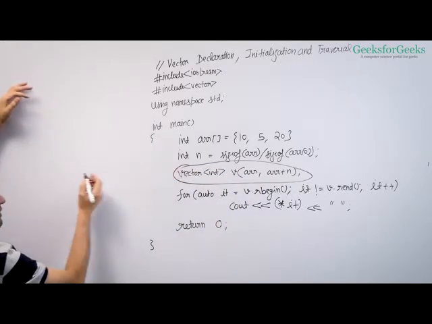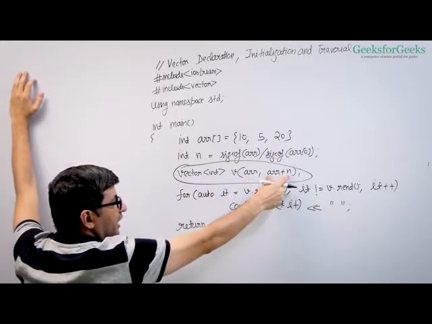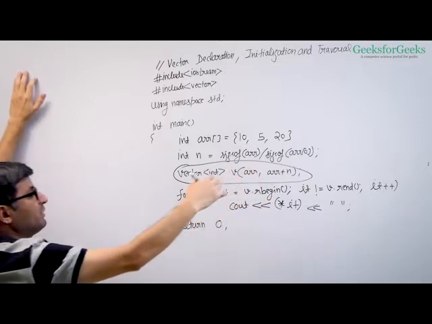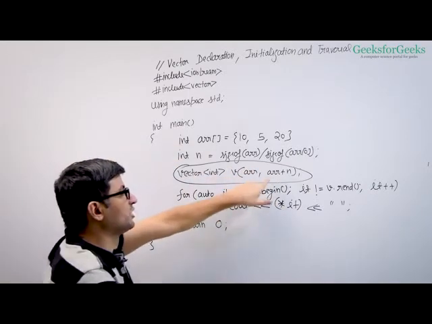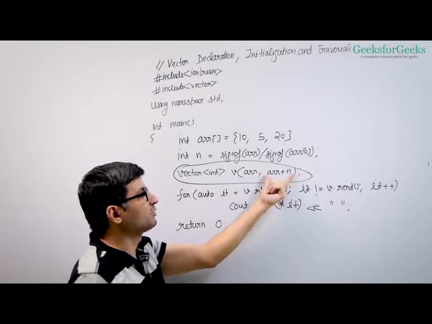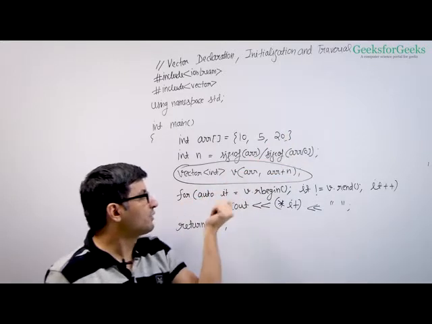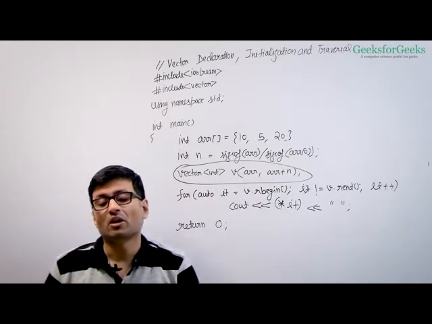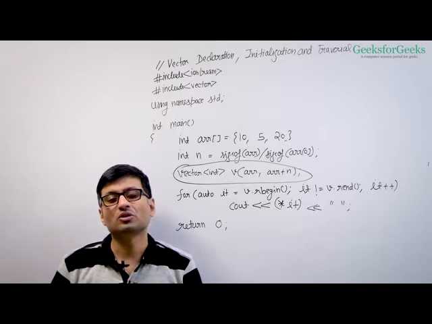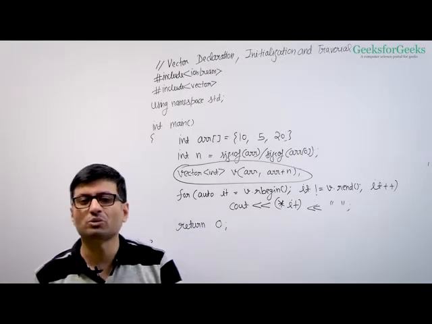You pass the address of the first element and the address of the element after the last. If you are using a vector, then v.end. If we are using an array, then please note that we have used arr plus n, which is the address after the last element. So if you pass these two addresses of some other container, you many times can create one container from the other container. That is what we have done.